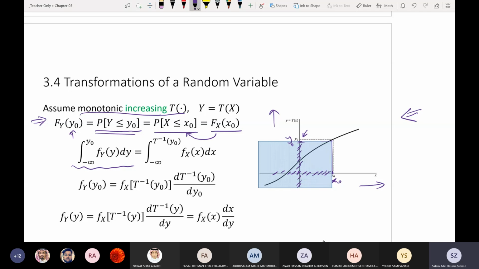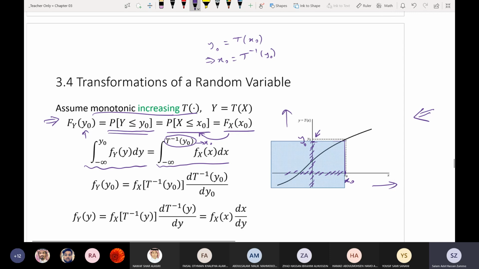The CDF of X at x0 is the integral from minus infinity up to x0 of the PDF of X. But what is x0? y0 is T of x0, right? So x0 is T inverse of y0. So we integrate the PDF of X from minus infinity up to x0, which is T inverse of y0.